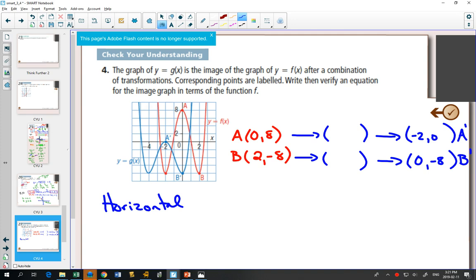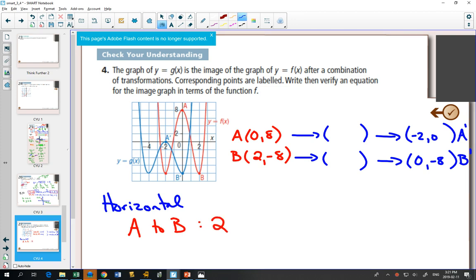So if I go from A to B, and I'll do that in red because that's my red graph, the horizontal distance from A to B is 2.